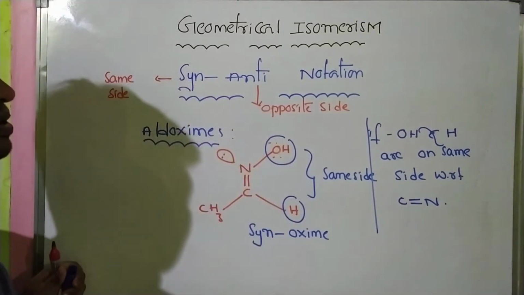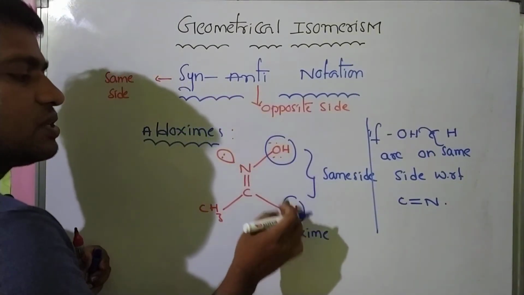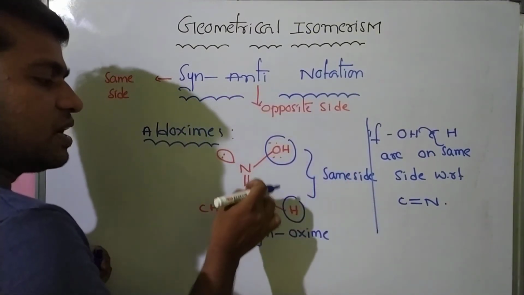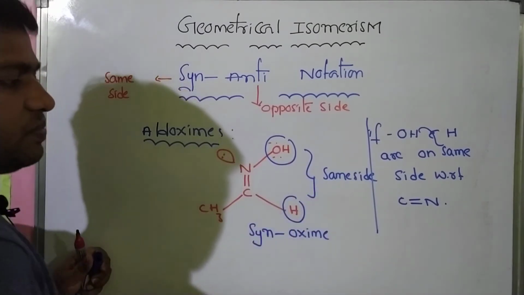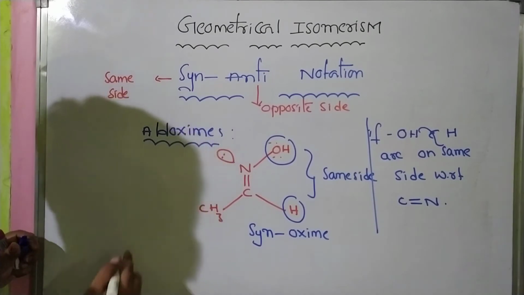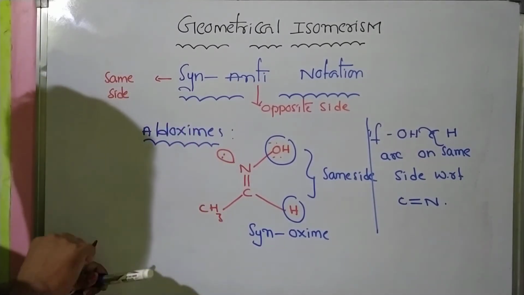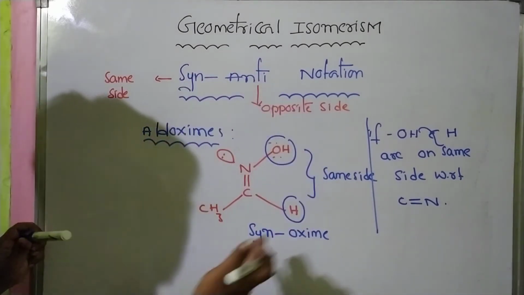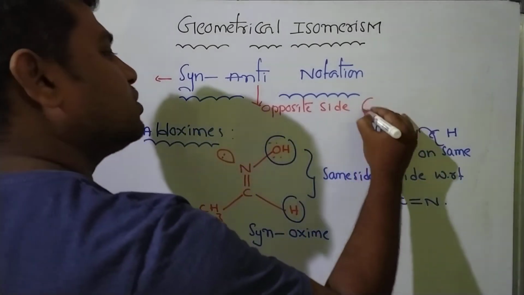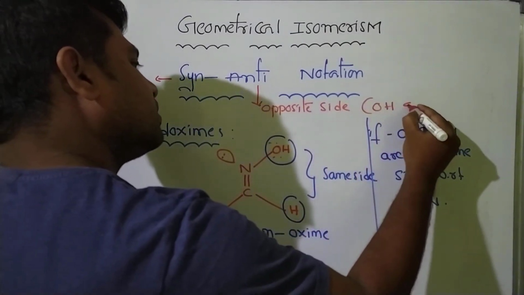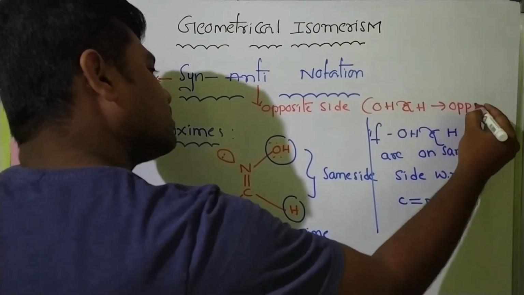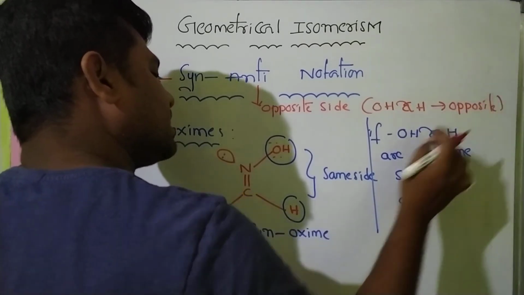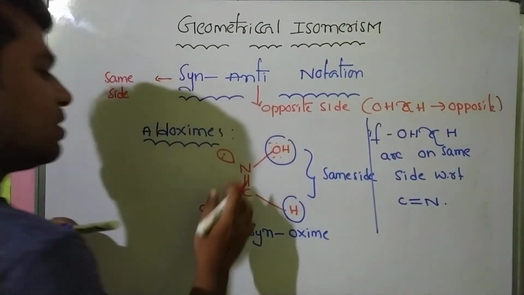So that oxime is called syn oxime. Understood? Now, what is called anti-oxime? Anti-oxime means here OH and hydrogen are on the opposite side with respect to the carbon nitrogen double bond.